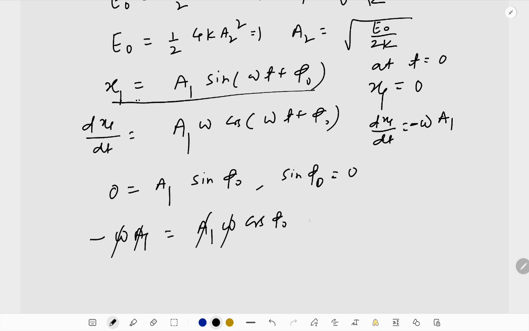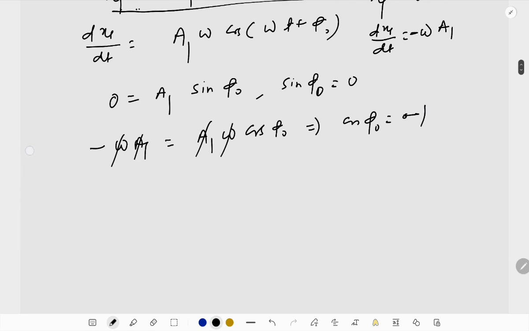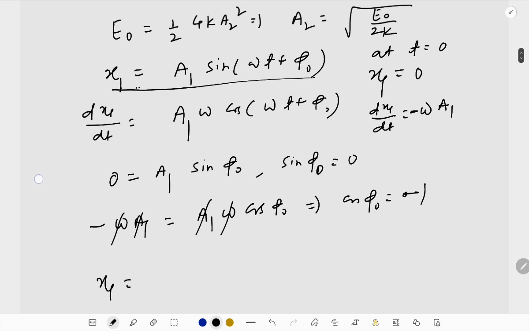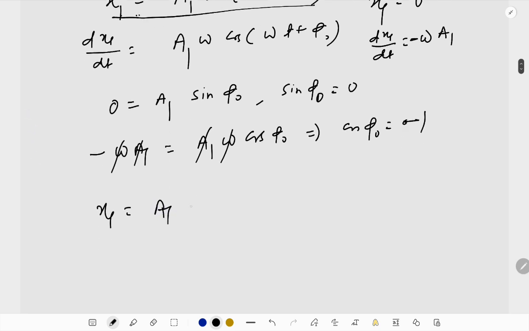So cos phi naught is equal to minus 1. So its equation of motion becomes x1 equals a1 sine omega t plus phi naught.